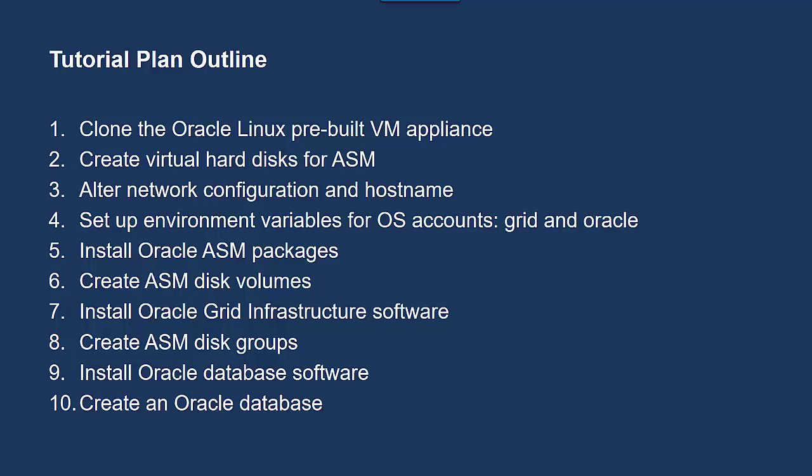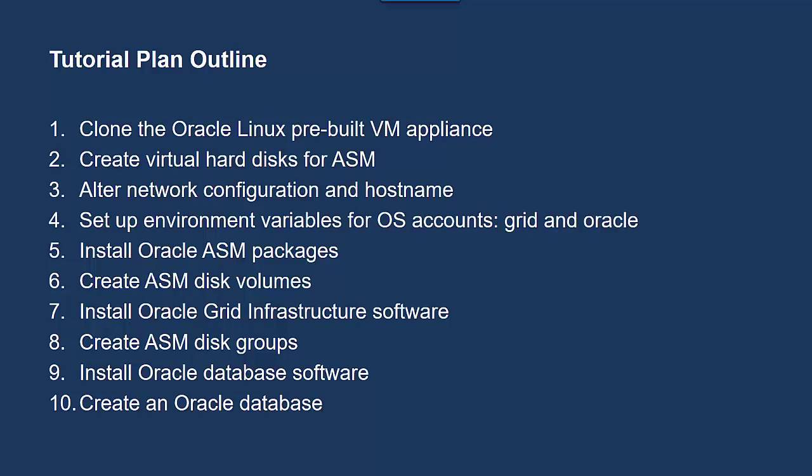The tutorial outline is as follows. First, we're going to clone the Oracle Linux pre-built VM appliance. Then we will create virtual hard disks to be used for the ASM. Then we will do some network configuration on the VM appliance. And then we're going to set up environment variables for OS accounts, Grid, and Oracle.